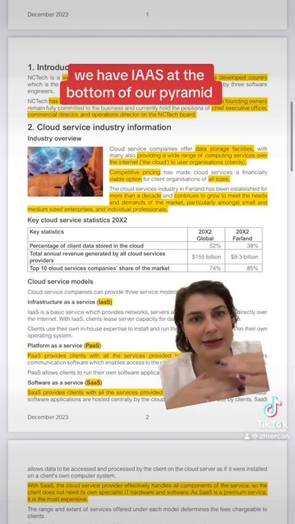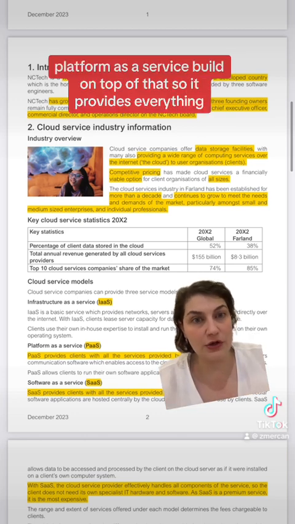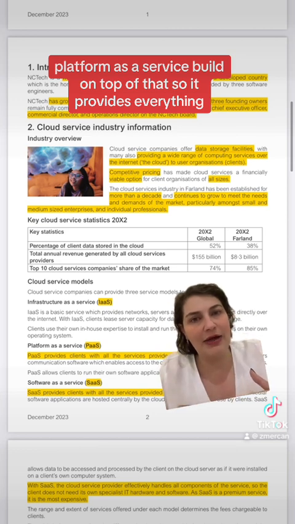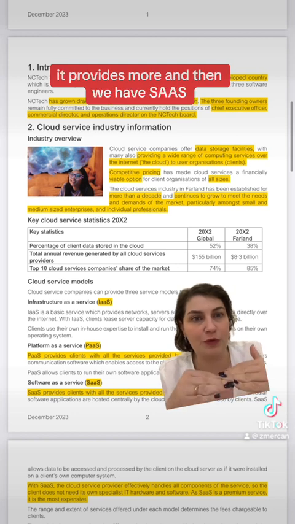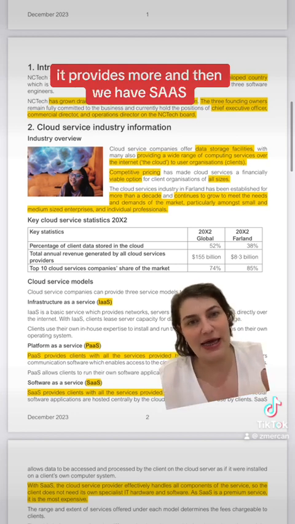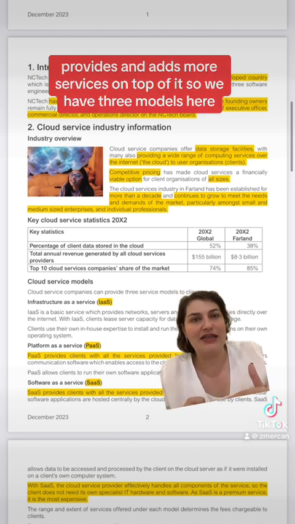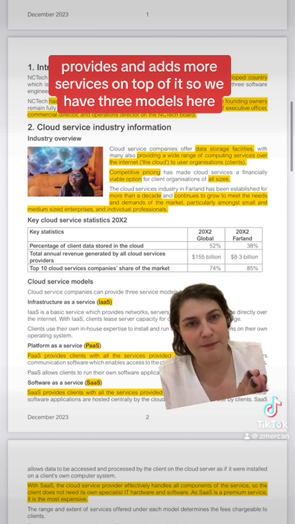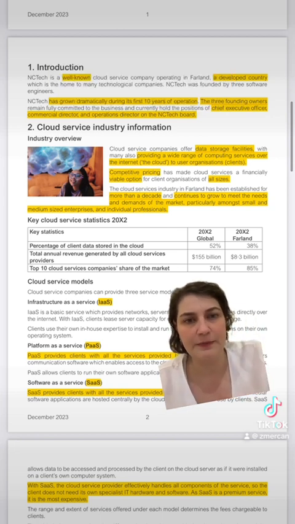Platform as a service, PaaS, builds on top of that. It provides everything IaaS does and adds more on top of it. And then we have SaaS, which provides everything that PaaS provides and adds more services on top of it. So we have 3 models here. You can use the acronyms so you can write faster.